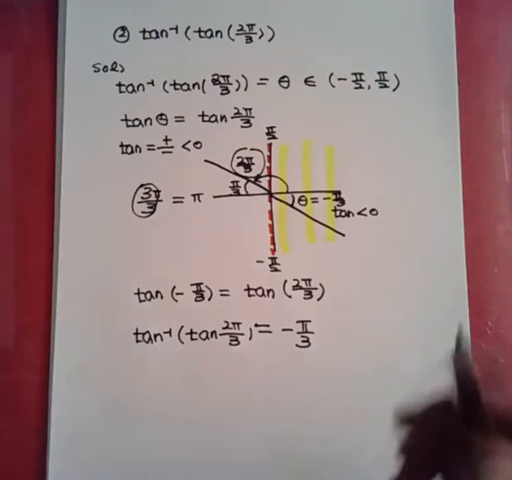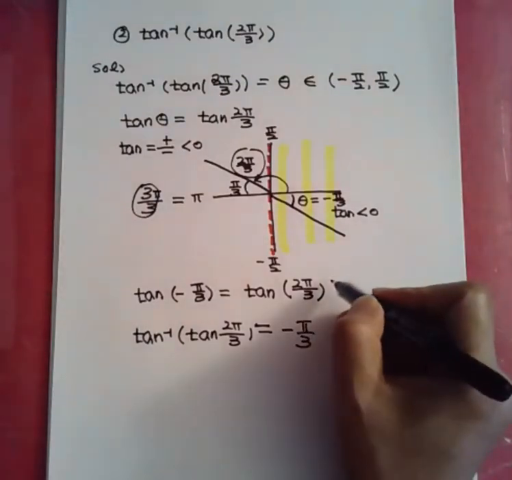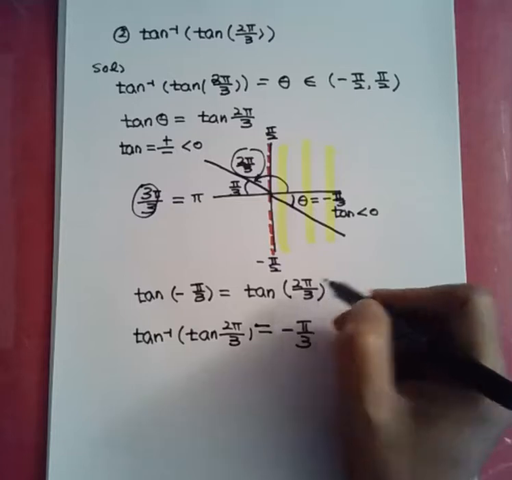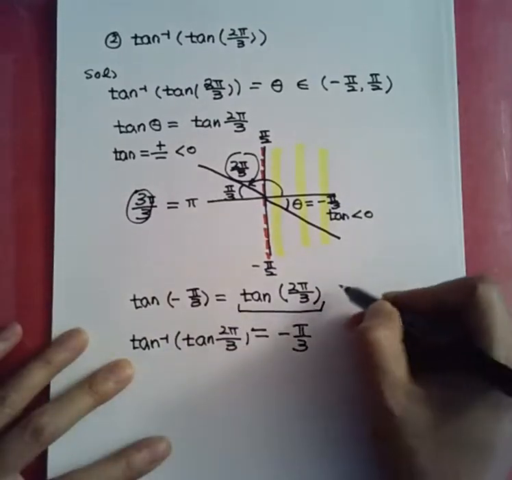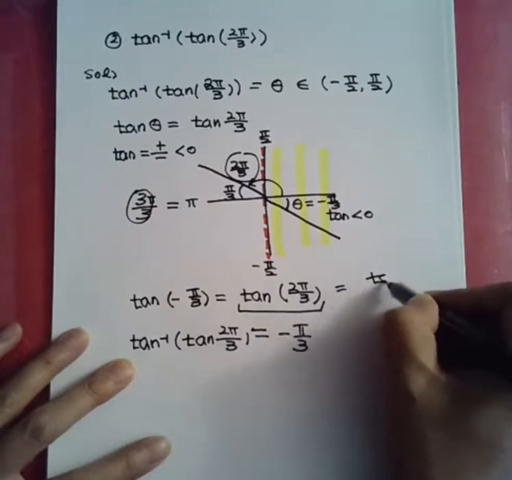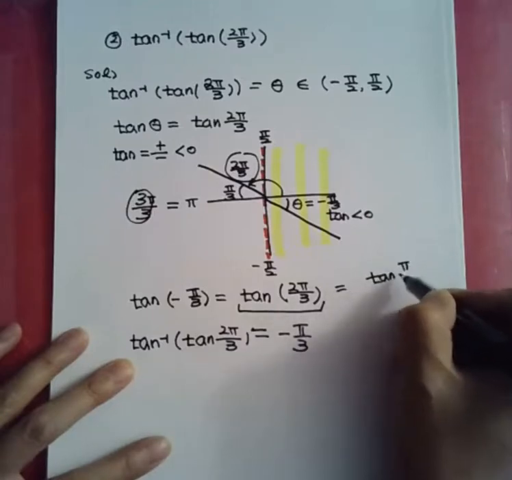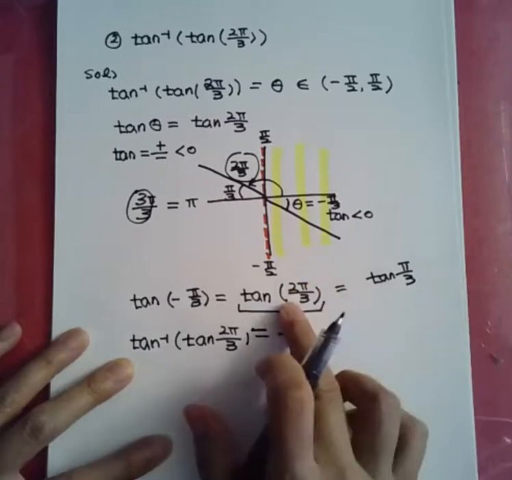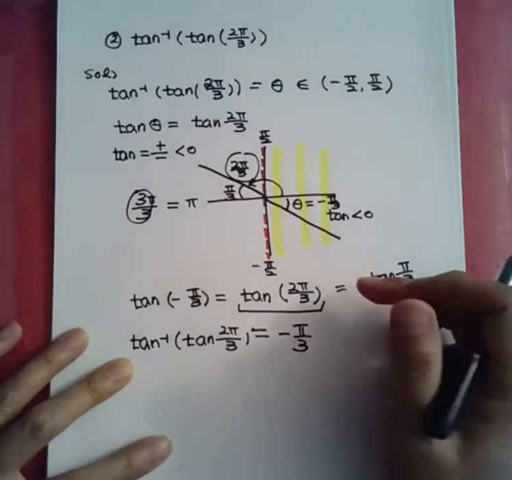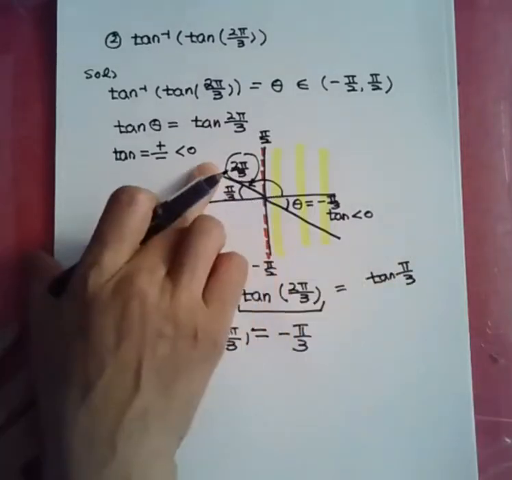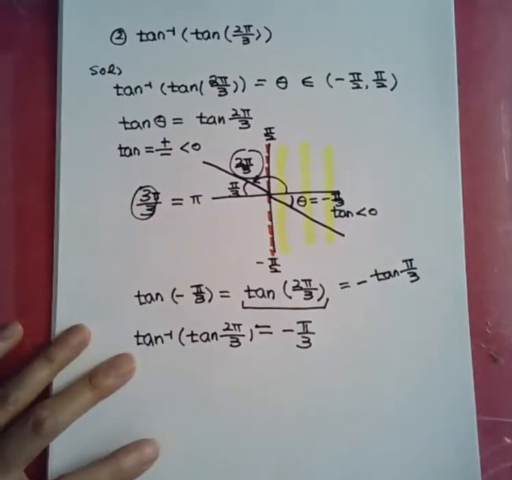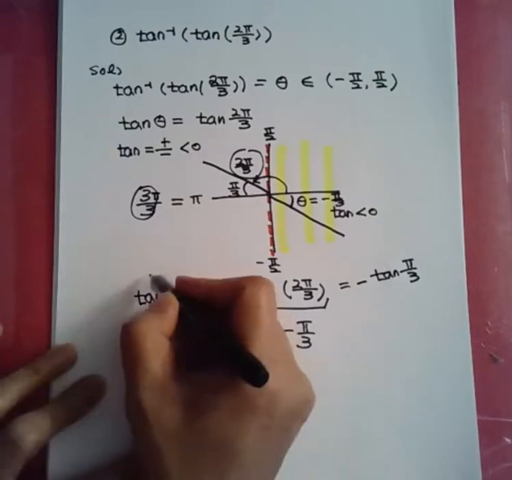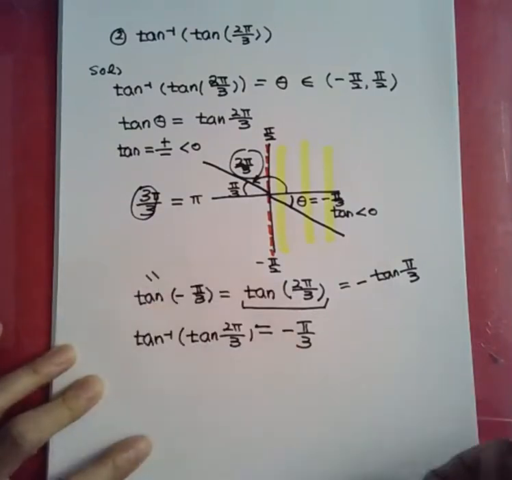If I go into a little more detail, when we think about the actual tangent value, this was tangent of the reference angle of that angle, plus or minus. In the second quadrant, tangent is negative, so that is minus tangent of pi over 3. In this case, we do the same thing.